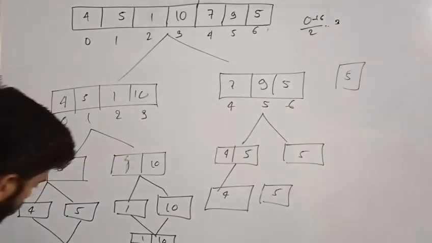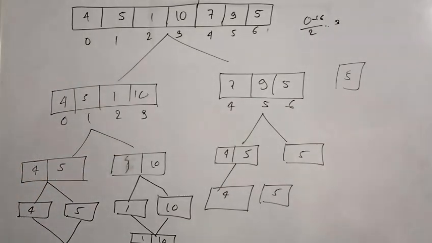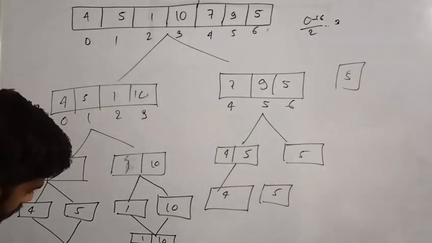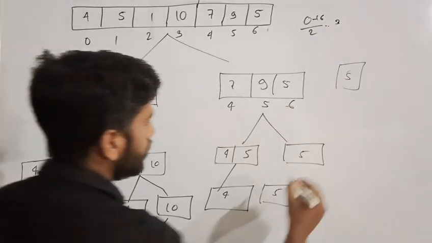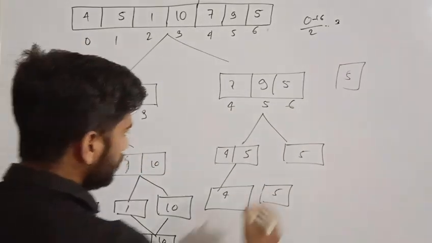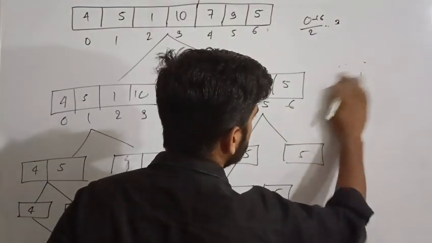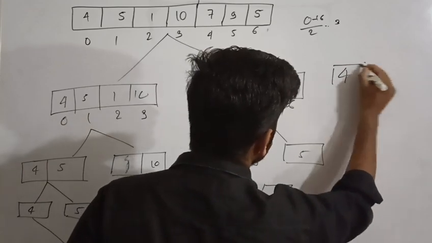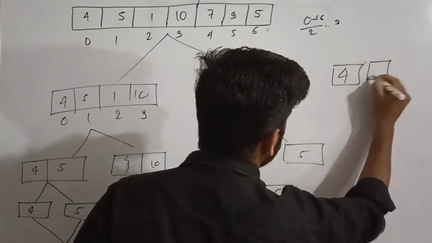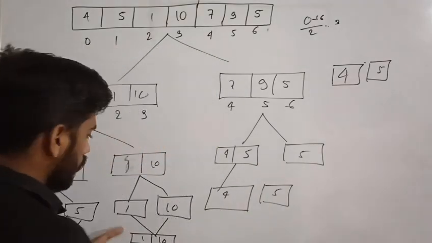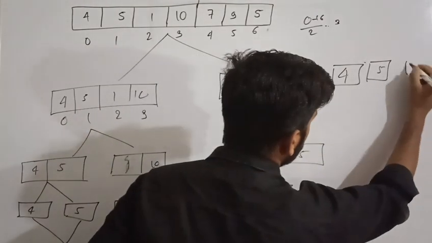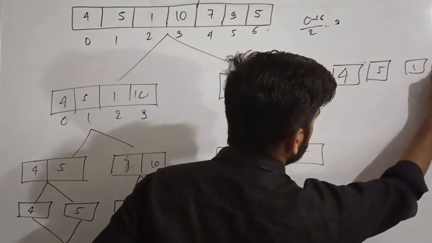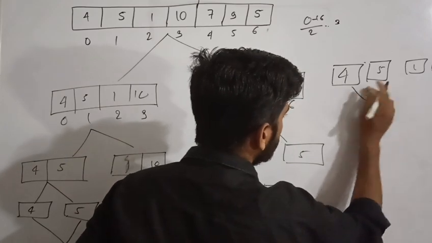Now I am writing here 4 5, and the second was 1 and 10.